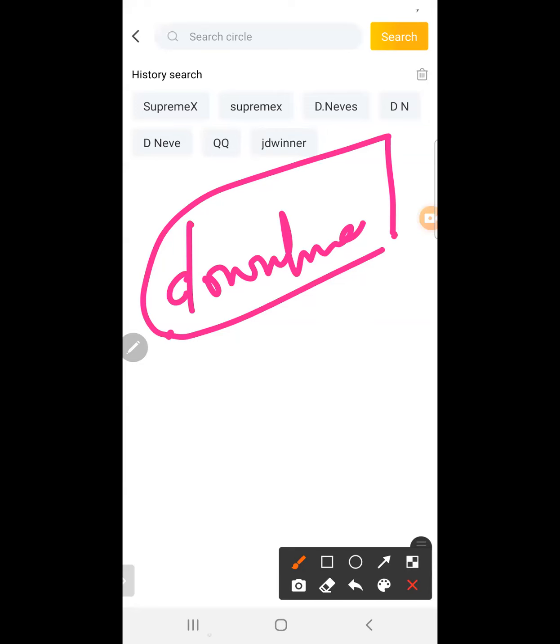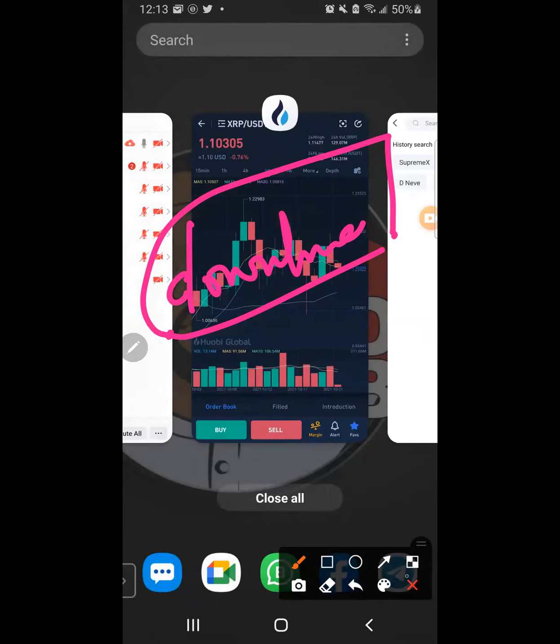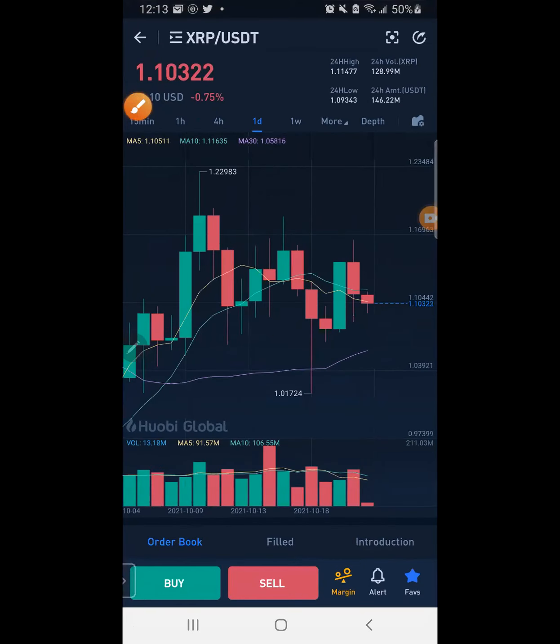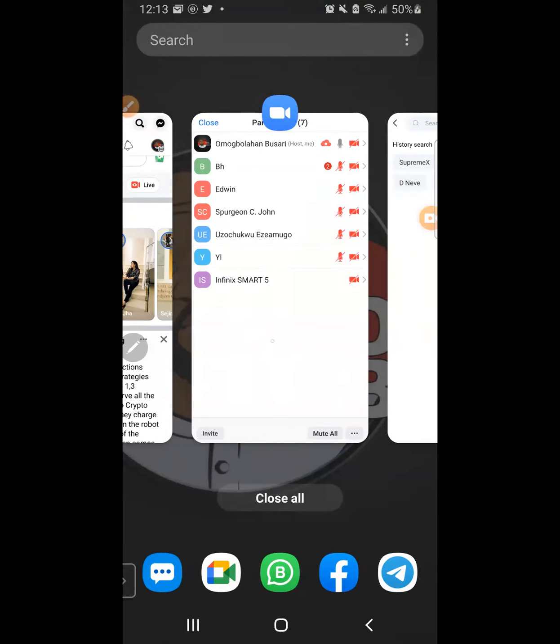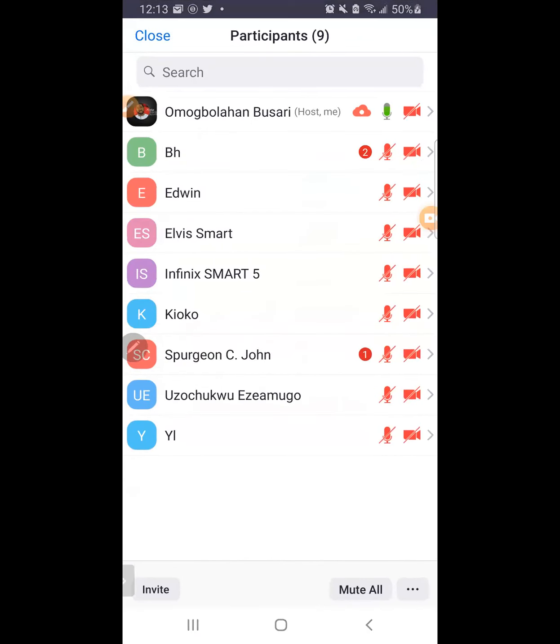Now, let me sign into another account, and you will see what that account has made. But before I do that, just for security purposes, I will stop sharing, and then I'll sign into that account quickly. The reason I'm signing into this account is so that I can relate with you guys, because I'm sure many of you have low capital.